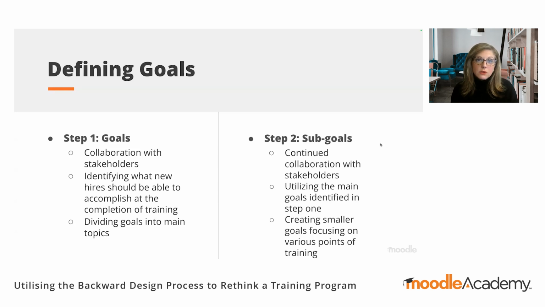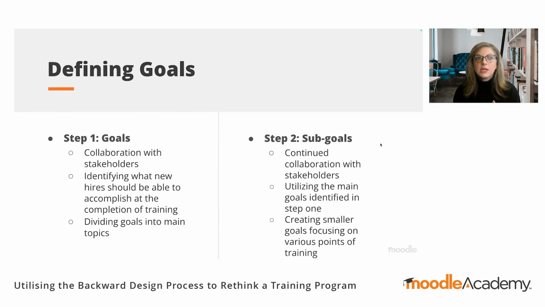If you use what I did, we had a nice, wonderful spreadsheet that had the main goal listed out here. And then in the second column were all of the sub goals that were going to flow underneath that main goal, because we're trying to break it down into steps that are achievable by the learner, like little things along the way.